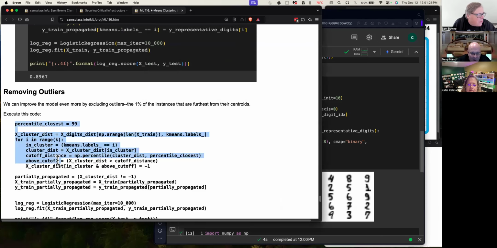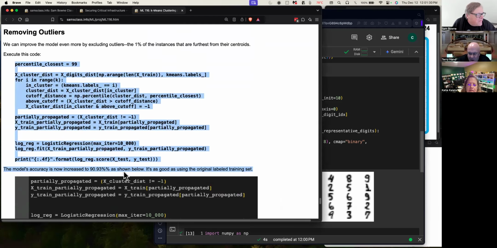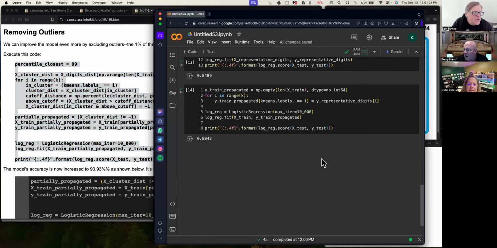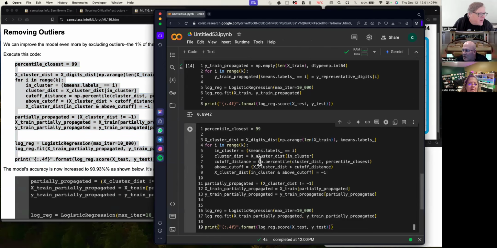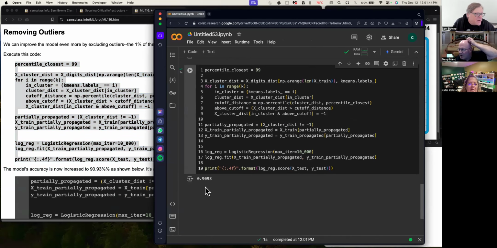I'm going to remove the 1% of images that are the farthest from the centers of the archetypes, because those are ones where the label I'm guessing is not reliable. So by removing 1% of the images and keeping only the 99% that are closer to the center, I now get up to 90.9% accuracy, which is better than training on the original 1,400 set, although only by a little, so that's probably in the noise.